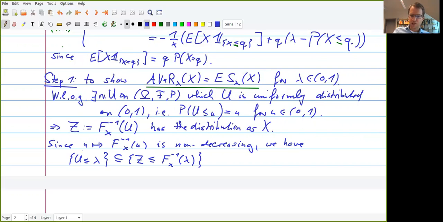This means we take this inequality and we apply the generalized inverse of the distribution function of X to both sides. This gives us the definition of Z, and this gives us this. And since this might not be a continuous object, we might add some elements in there. As I said, our life would be much easier if we just assumed that the distribution function is continuous, but we don't, to keep the level of fun up.